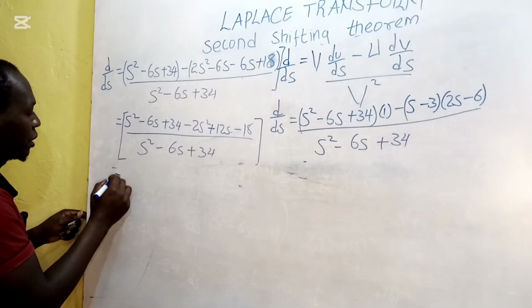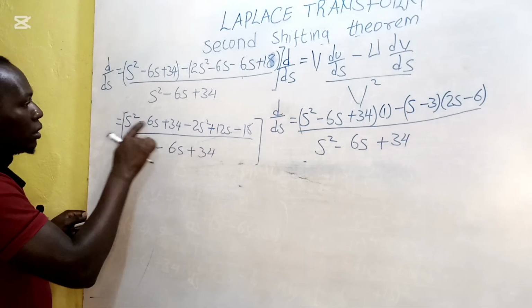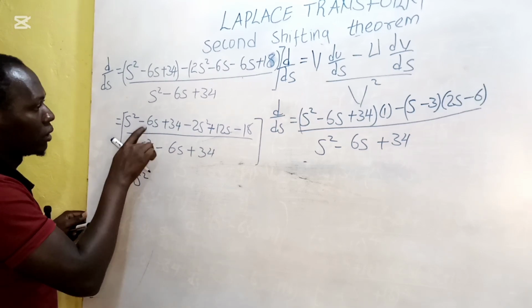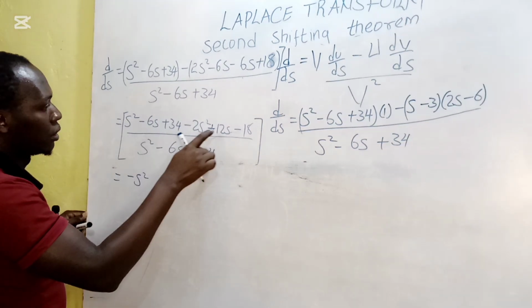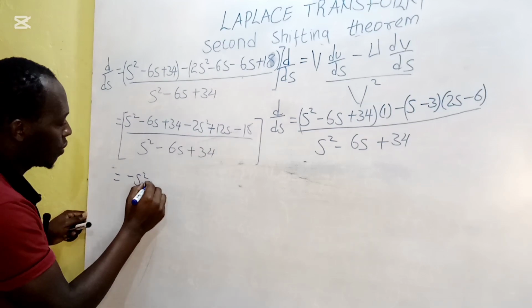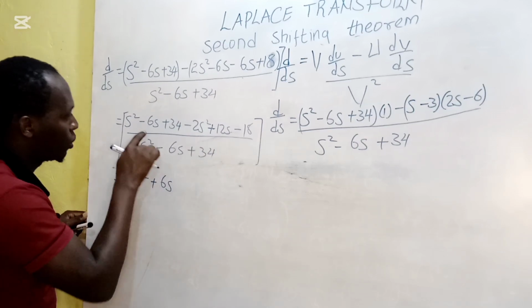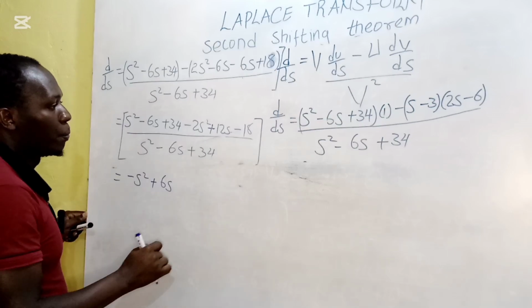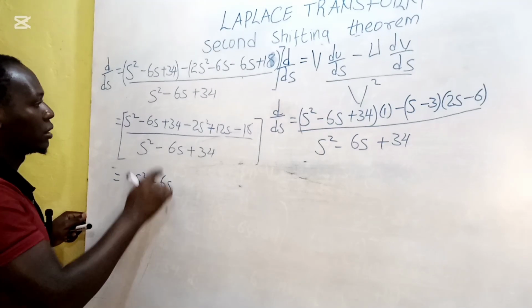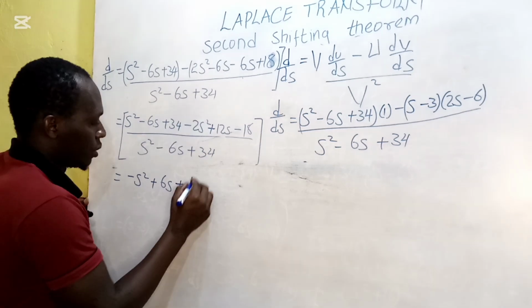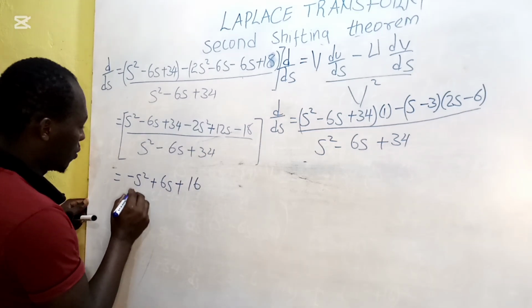On our numerator now we are going to have negative s squared. Here we are going to have a positive of 6s, because negative times negative of 12s. And here now we are going to have 16.